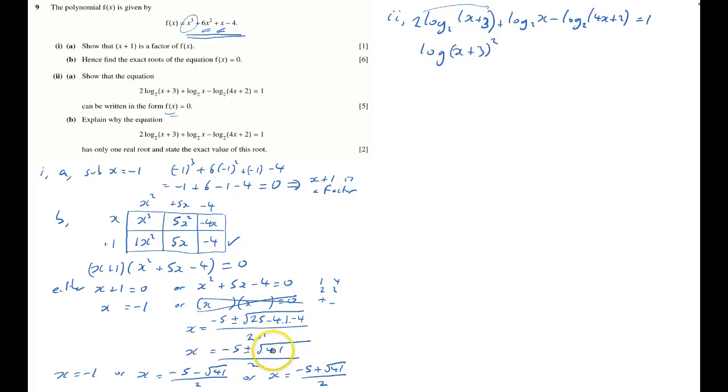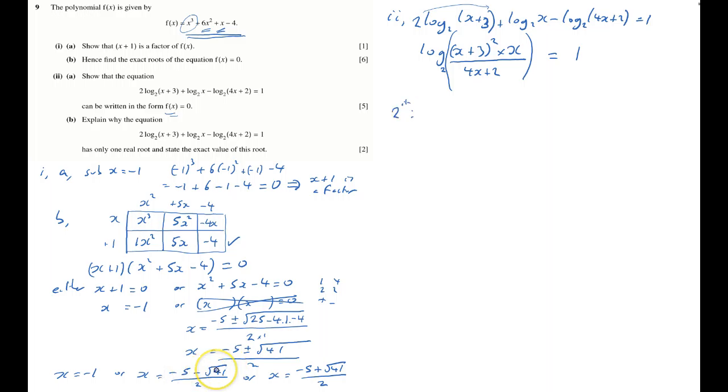But I'm going to add a log, so therefore that's the same as doing a product, so I could times that by my x, then subtract a log, so that means divide by 4x plus 2. So it's a log of all of that stuff, and that's log to the base 2, and that equals 1. I want to get rid of the log to the base 2, so I'm going to vaporise that by doing the opposite, which means raise it to the power 2.